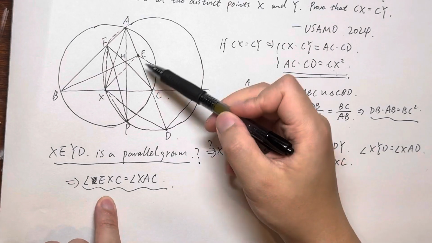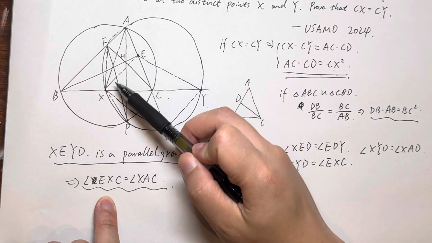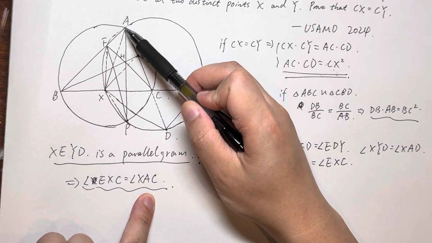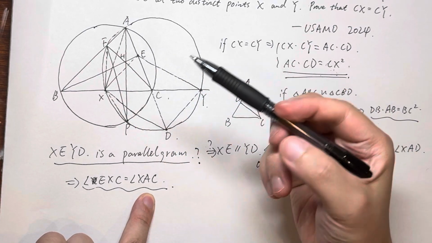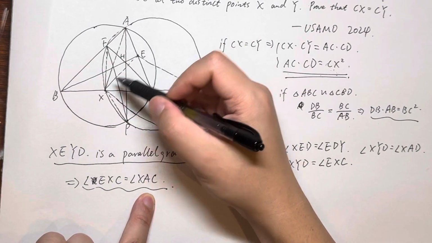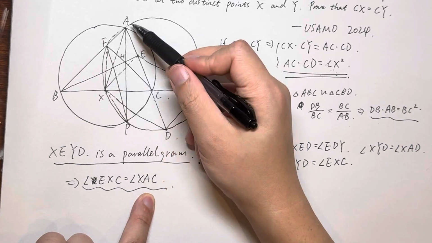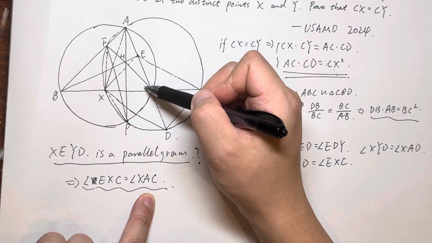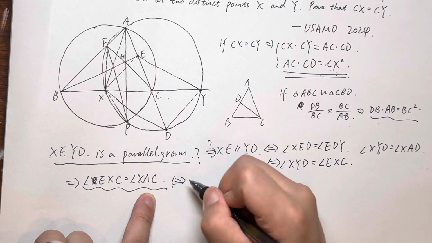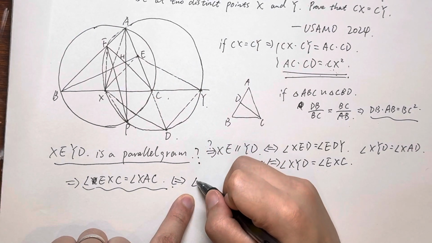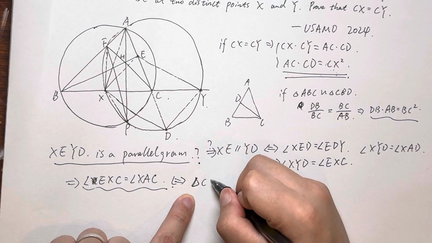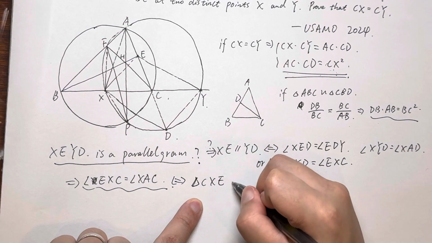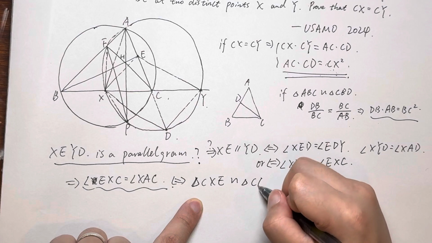So now we want to prove that angle EXC equals angle XAC, which means in triangle XEC and triangle AXC, they have the common angle XCE, right? Which means we just need to prove triangle CXE is similar to triangle CAX.